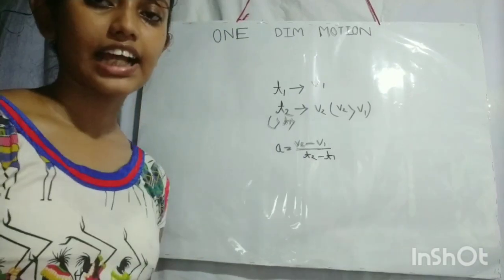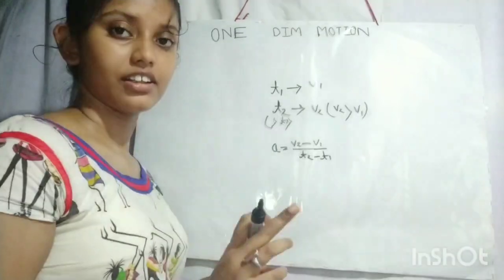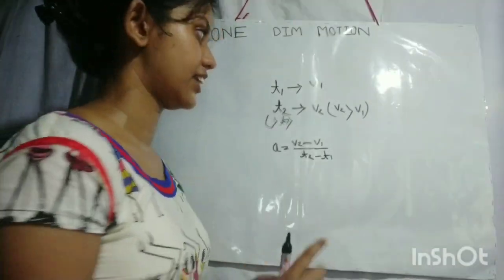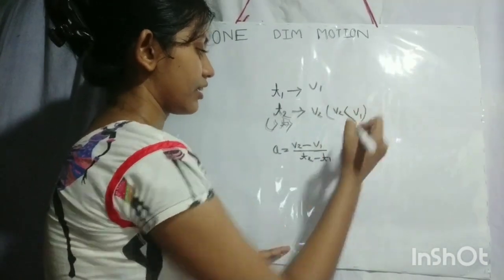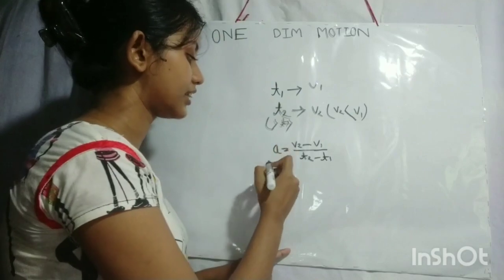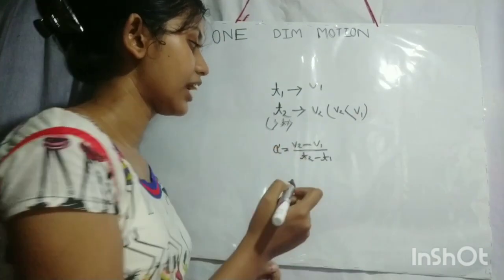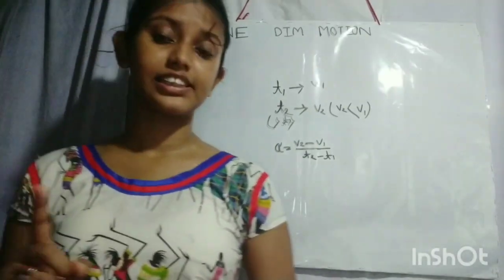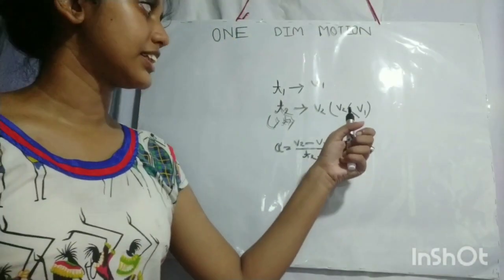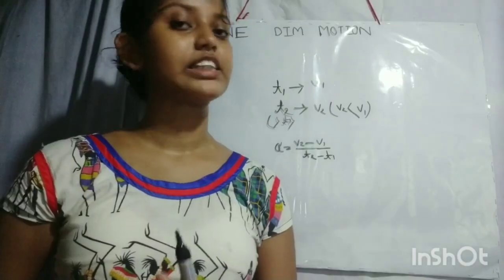And in the case of deceleration, if v2 is less than v1, then the deceleration is defined as v2 minus v1 by t2 minus t1, and this is a negative quantity because v2 is less than v1.